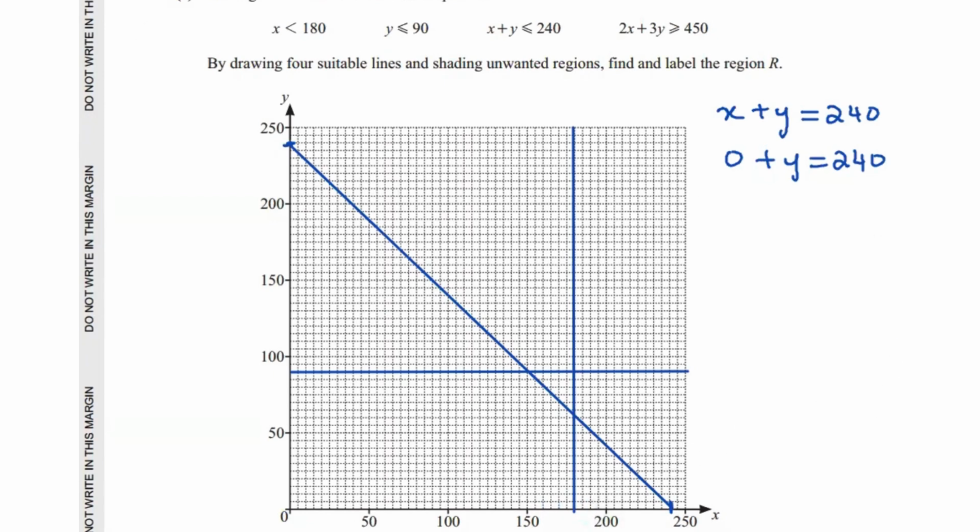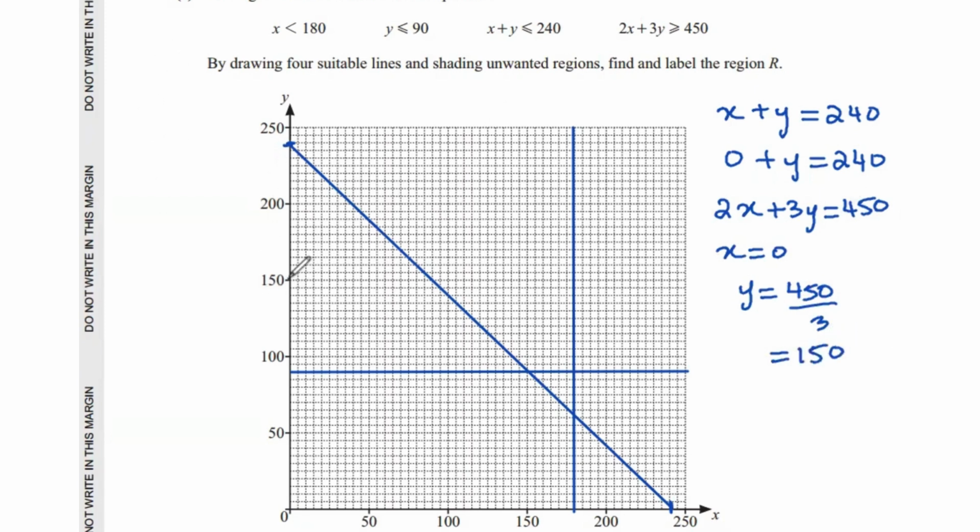Now 2x plus 3y equals 450. If x is 0, then y would be 450 divided by 3, which is 150.